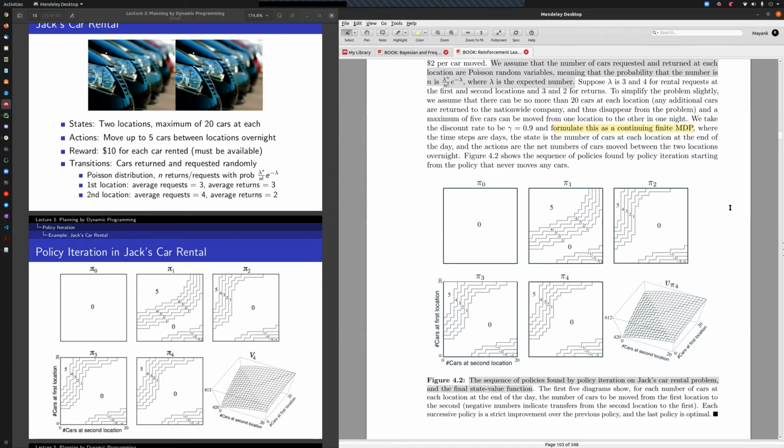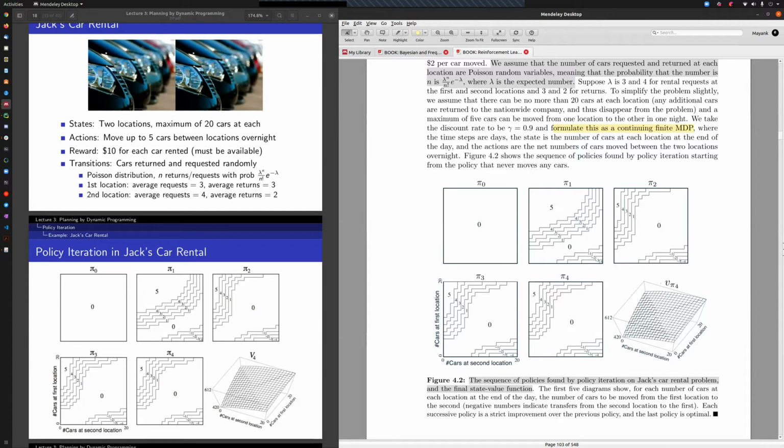When we have 0 cars to 20 cars, and each state corresponds to how many cars we have in two locations, right? In this case we have a very simple problem with only two spots, but you can extend it into n spots for car rent, and then you would have a multi-dimensional state, right?